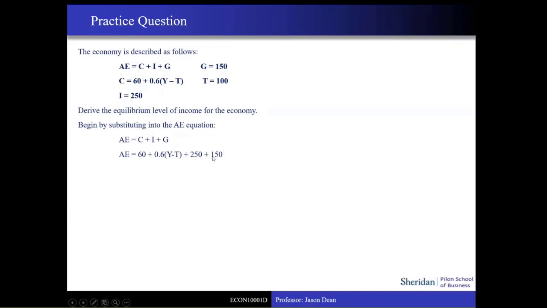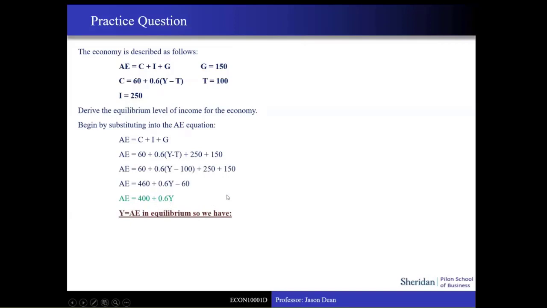So we have 250 plus 150. Now, we know taxes are 100. We're going to plug that in. And so we have 60 plus 0.6 times (y minus 100) plus 250 plus 150. Now we just need to simplify this, and we get that the aggregate expenditures function is equal to 400 plus 0.6y.